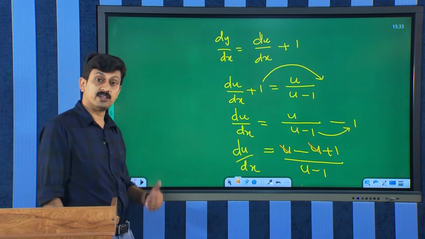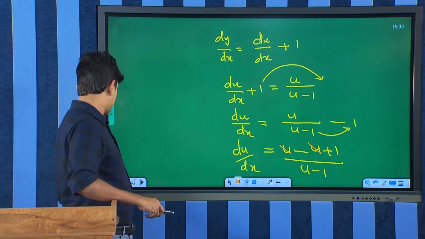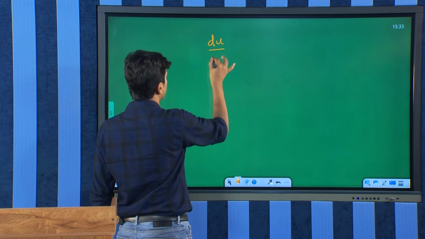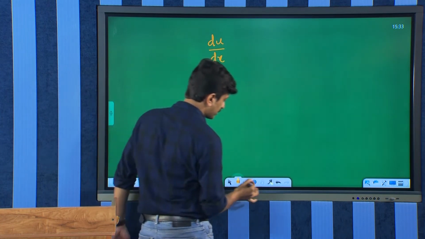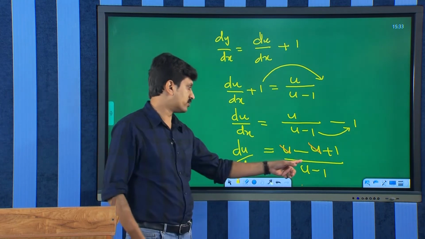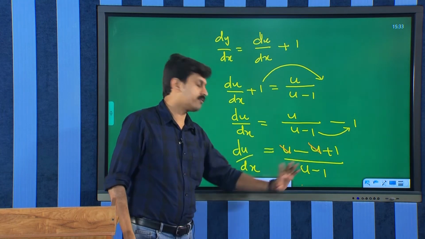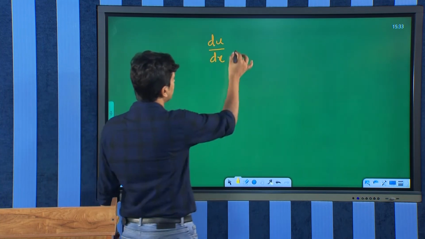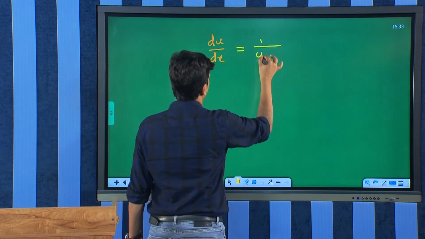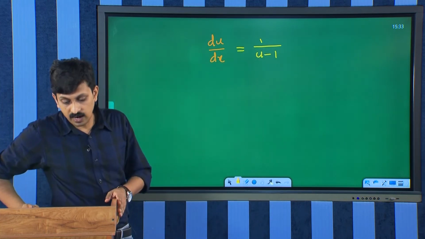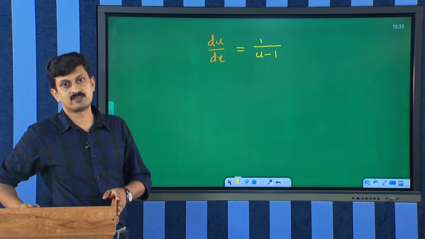Therefore, du divided by dx is equal to 1 divided by u minus 1.